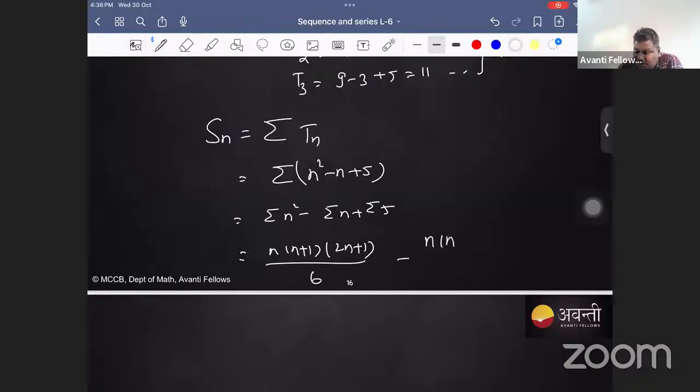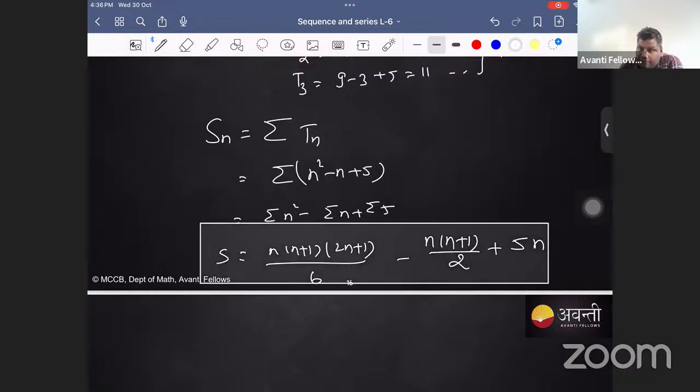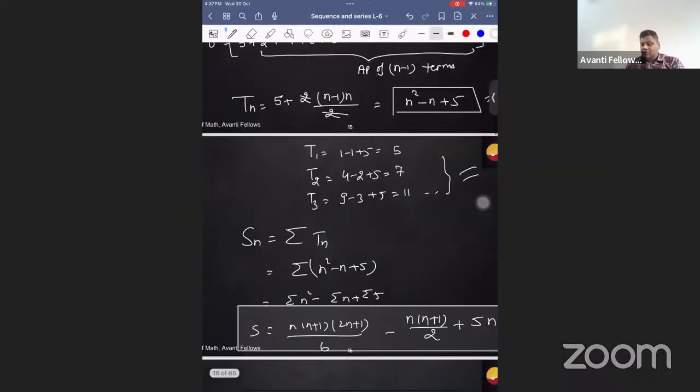Sigma n will be n into n plus 1 upon 2. And this will be 5n. Got it? So this is how we do these kinds of questions. Have a look at it. This is a tough nut to crack undoubtedly, so have a look at it again.